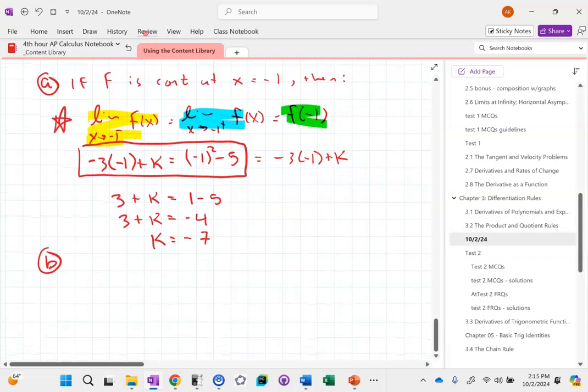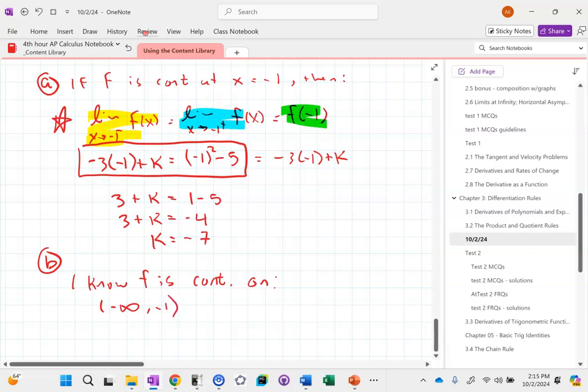So I'm going to say I know f is continuous on the following intervals: -∞ to -1, -1 to 2. I think that was supposed to be -1 to 1. There's a typo there on the inequality because it wouldn't make any sense otherwise.